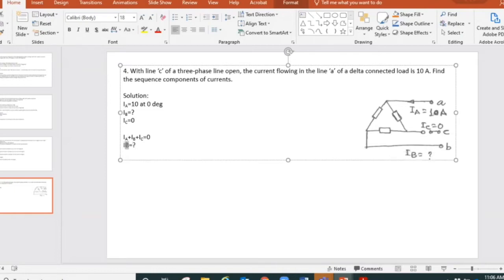You find out that the sum of all the line currents should be equal to 0. So can you find out the value of IB, and then we can proceed to the next steps.